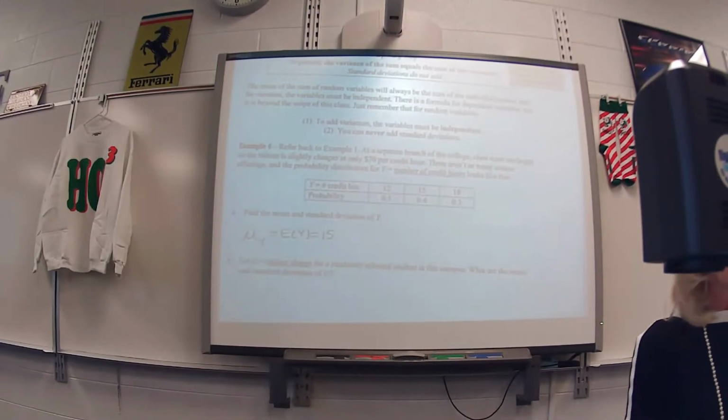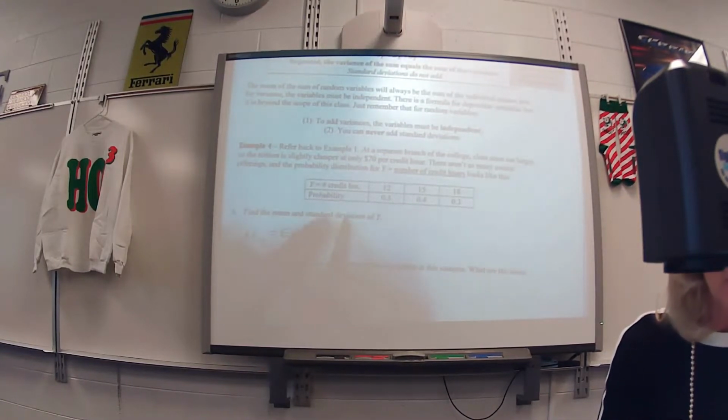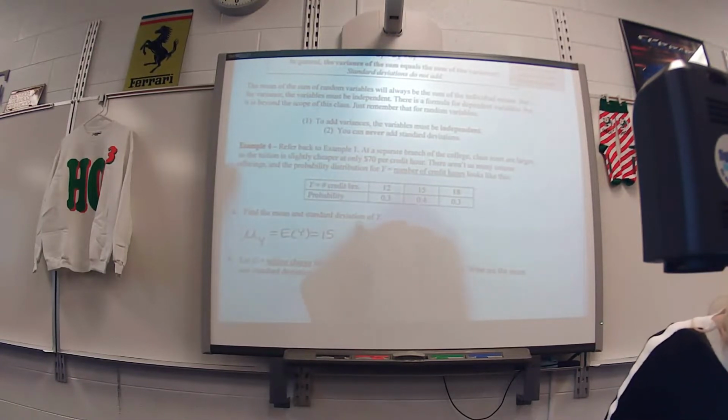Now, if I actually wanted to get the standard deviation, I would have to put this in my calculator. And I'll even put here, this is from the calculator. I can help you out though. I'll tell you that the variance for y was 5.4, and the sigma for y, the standard deviation, was the square root of that 5.4, which is 2.32.